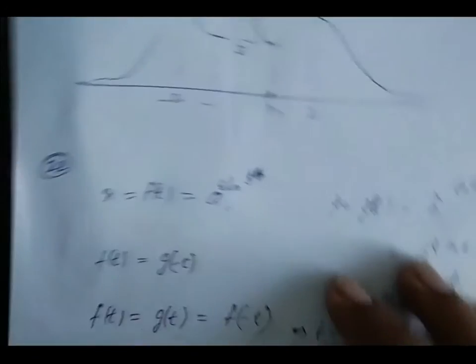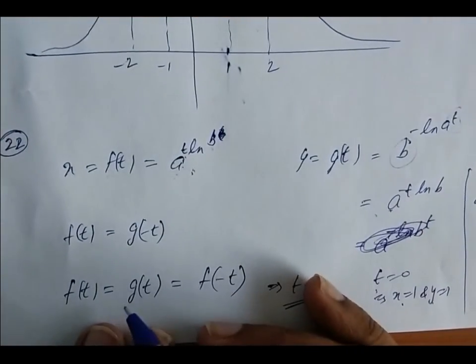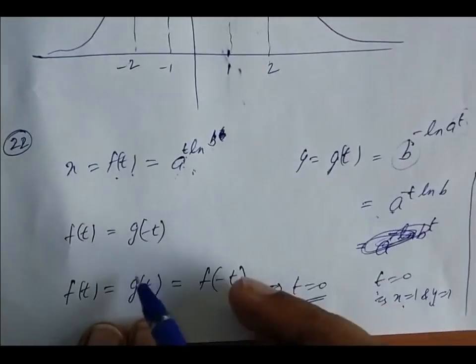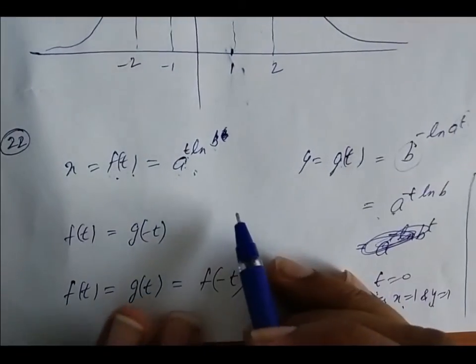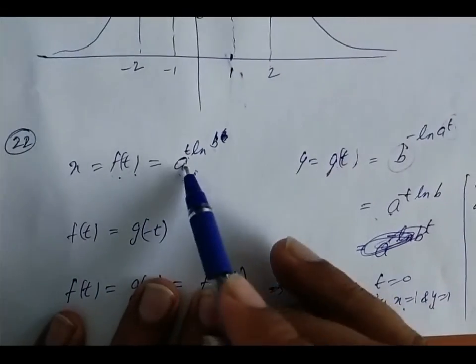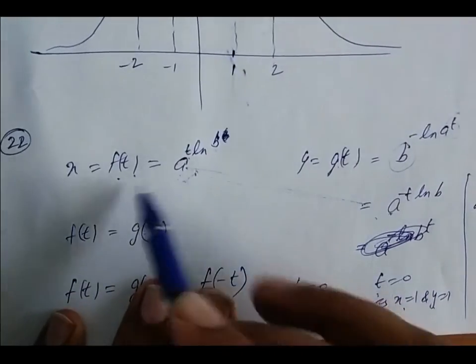So question number 23 asks a lot of questions about ft, f dash t. Let's calculate first. So in the last question 22, we have calculated ft into gt is equal to 1. So since this into this is equal to 1, so xy is equal to 1.